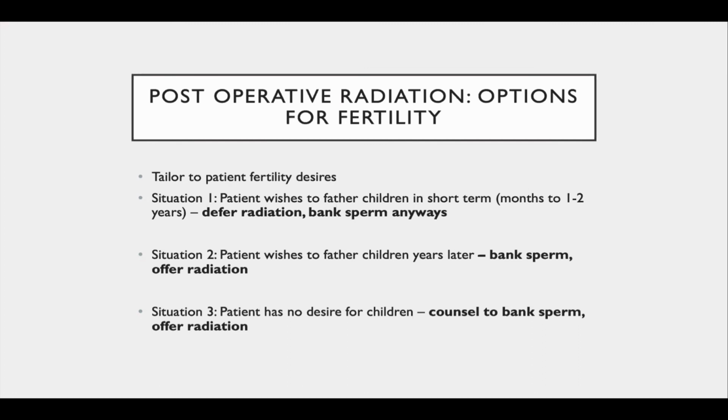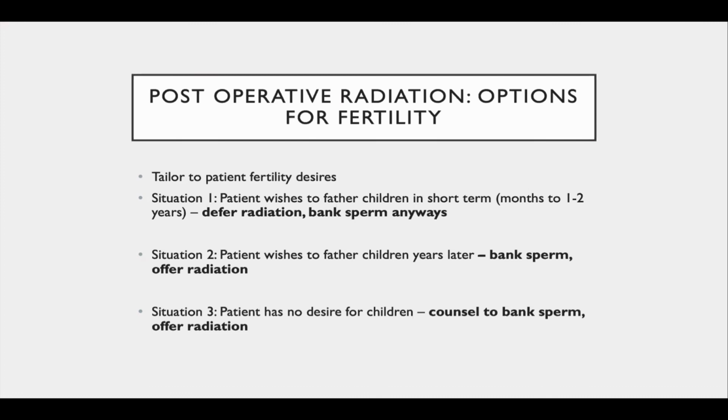The second situation would be someone who wishes to father children years later, so they don't have any plans in the short term. You tell that person, just bank sperm. We'll delay radiation by a little while, a couple of months, to allow you to do that sperm banking. Then we'll give you radiation. The third scenario would be someone who has no desire for children, and you can offer them radiation up front.